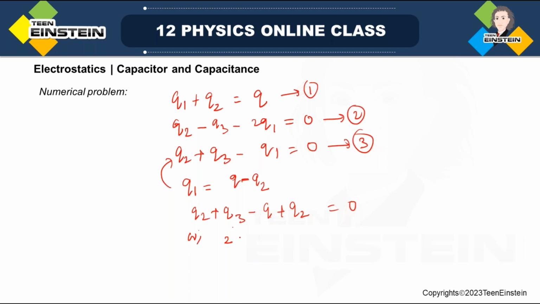So this will give you 2Q2 plus Q3, that is equal to Q. So I have got a relationship between Q2 and Q3, right? So from here, I can just get one among them. Let me write Q3. Q3 is Q minus 2Q2.